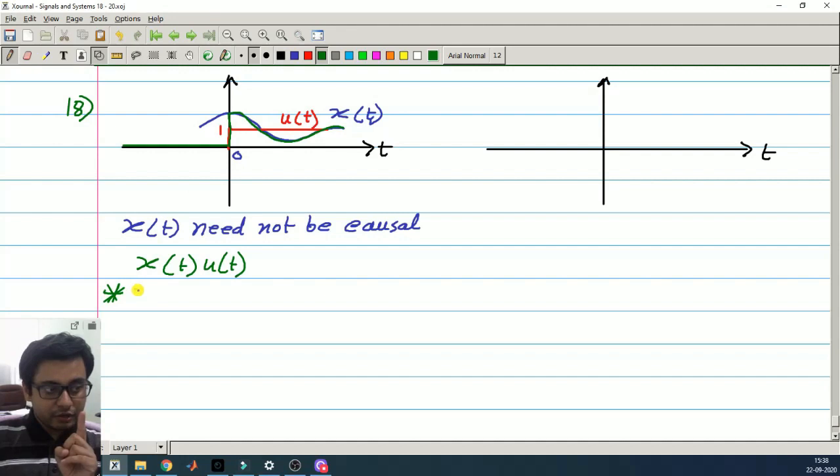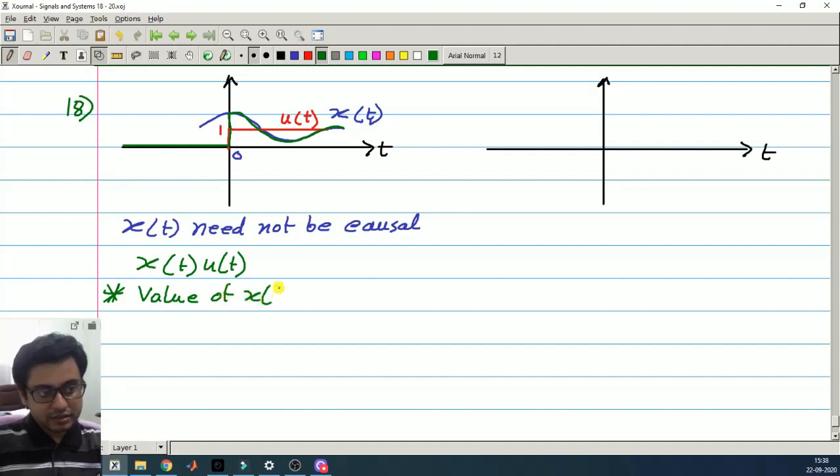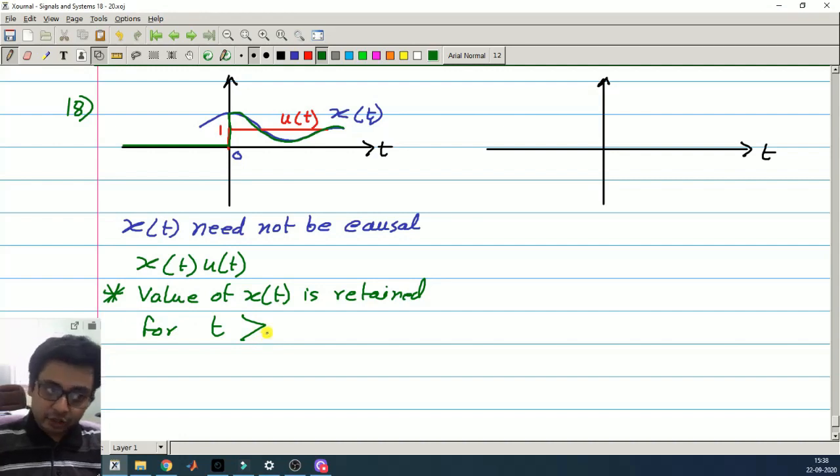So the value of x(t) is retained for t greater than and also equal to 0. Okay, so this is very important, this greater than or equal to sign.